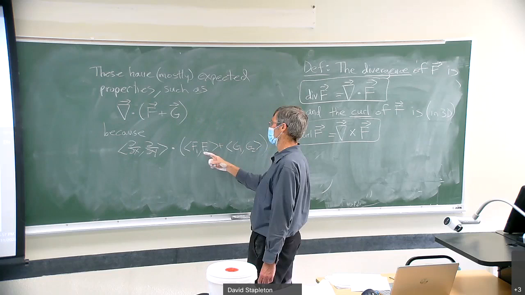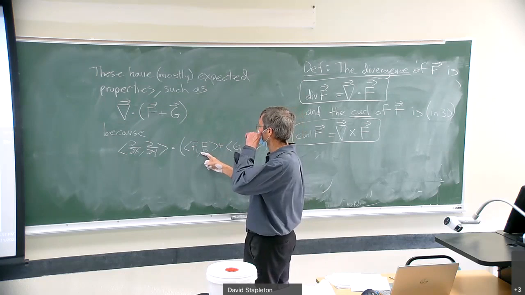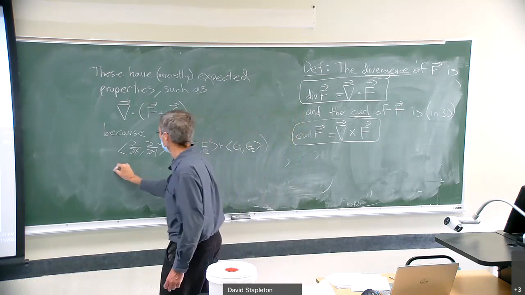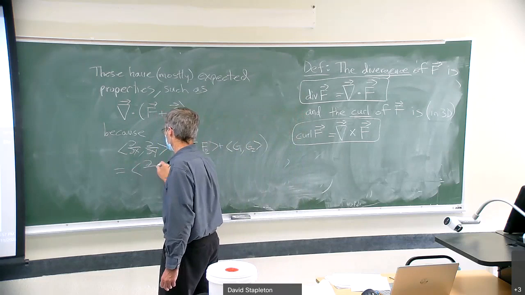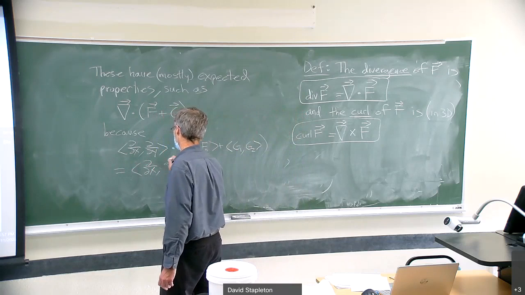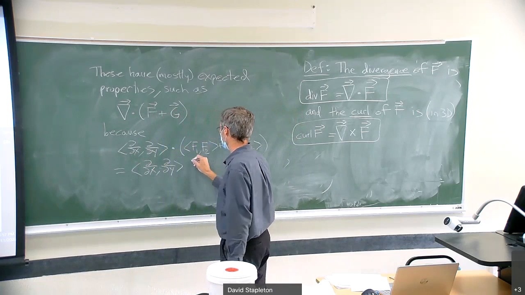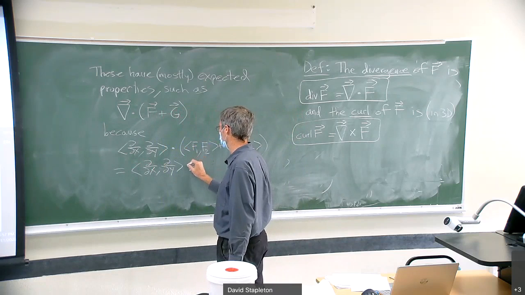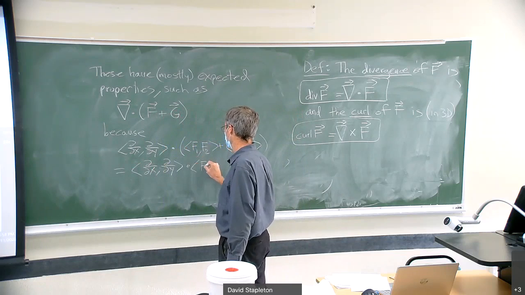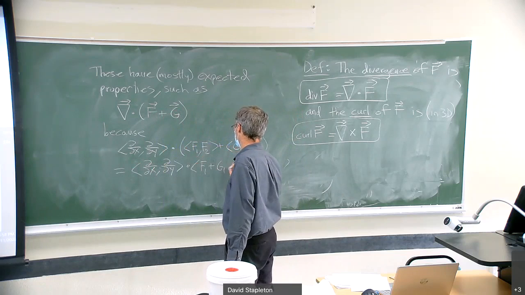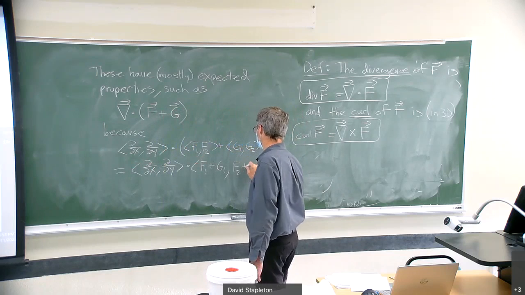What do you get? Well, you can leave this out here and add these together component by component. So you're dot producting with f1 plus g1, f2 plus g2.